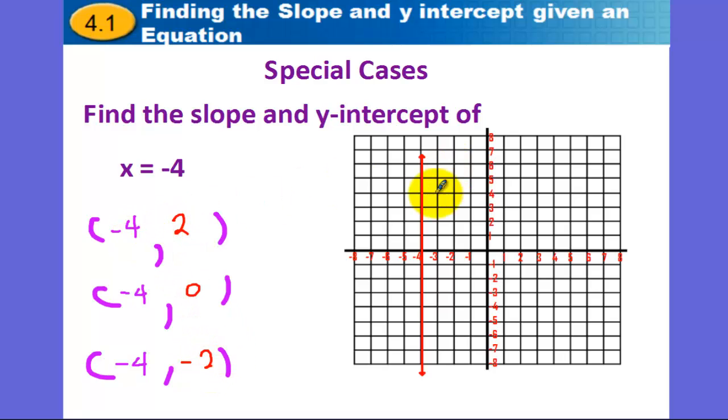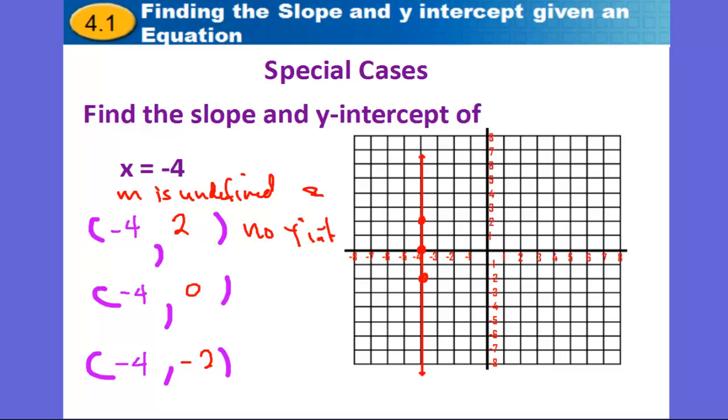So when you plot this, -4, 2, -4, 0, and then -4, -2, and connect all these 3 points, you will really have a vertical line. And as we all know, a vertical line means the slope is undefined and there is no y-intercept.